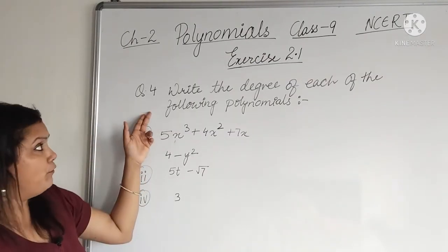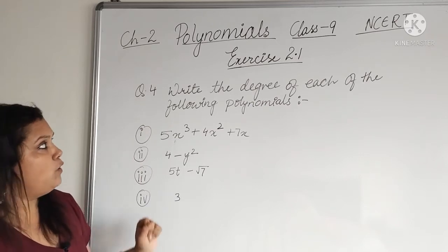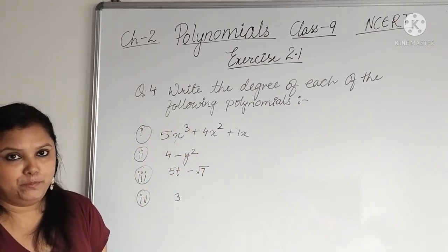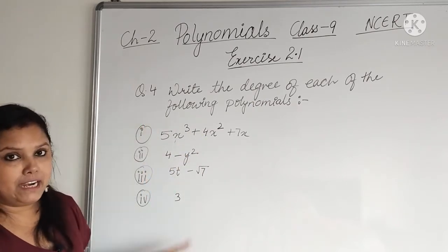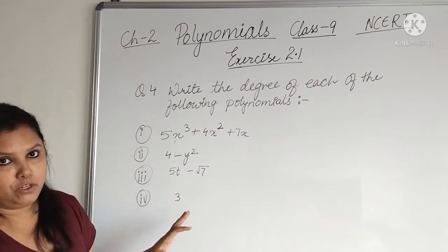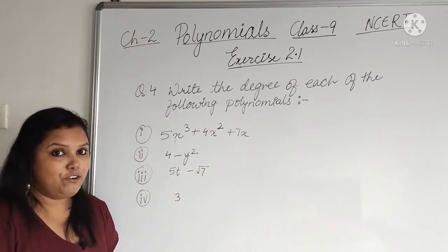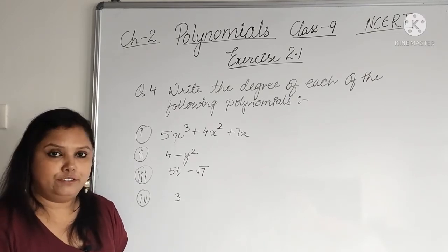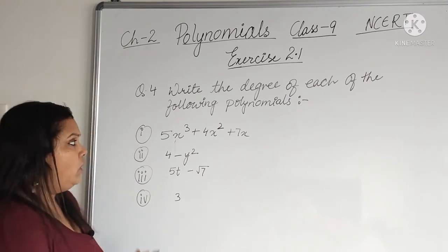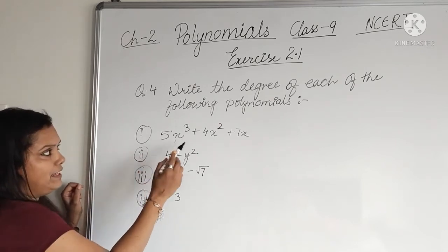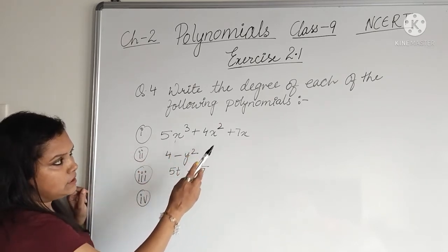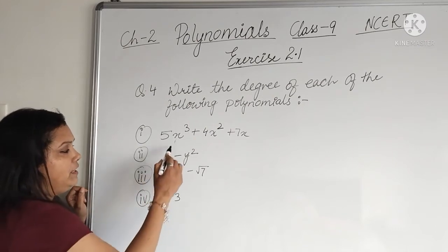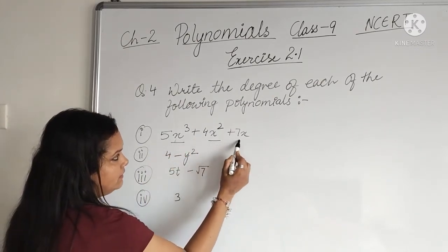Now question number 4, write the degree of each of the following polynomials. That means you have to find the degree of these polynomials. Now what is the degree of a polynomial? It is the highest power of the variable. Okay, now in the first question, 5x cube plus 4x square plus 7x, the variable part is this.